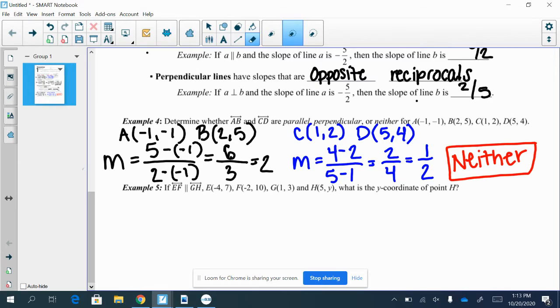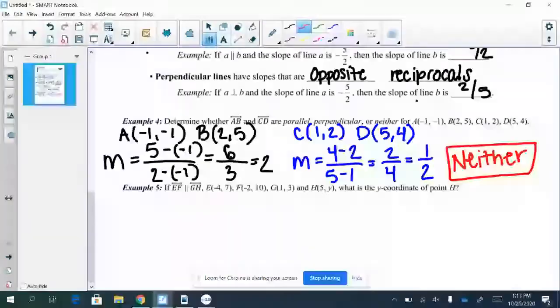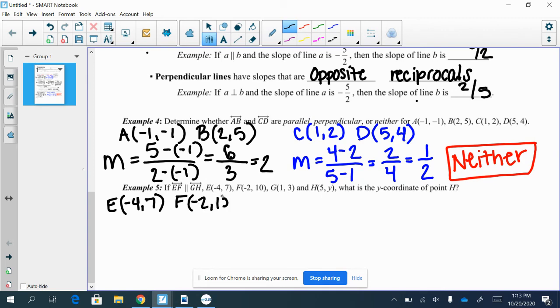Let's go ahead and find the slope of EF. So E is (-4, 7). F is (-2, 10). So the slope here would be 10 minus 7 all over -2 minus -4.